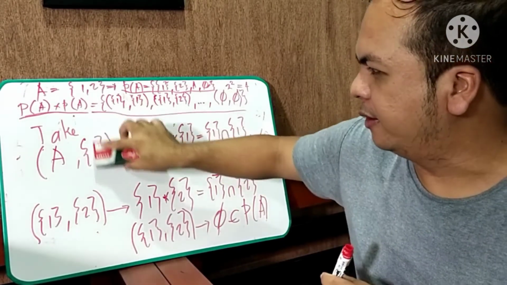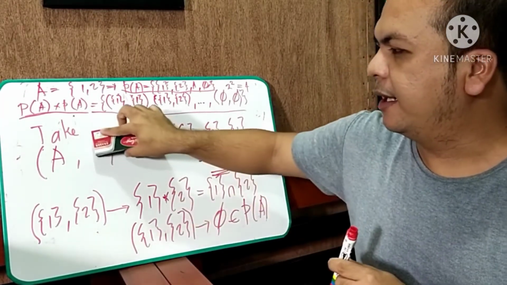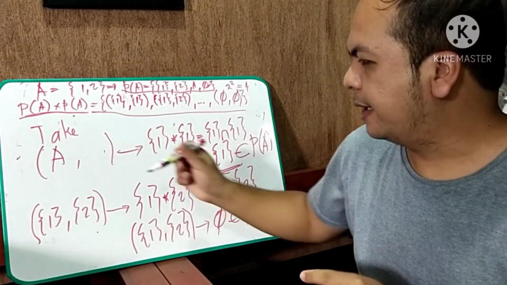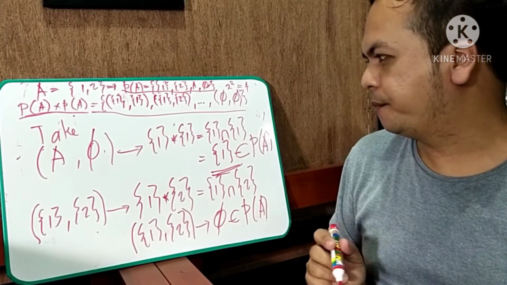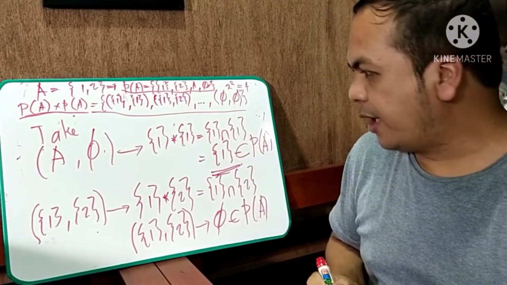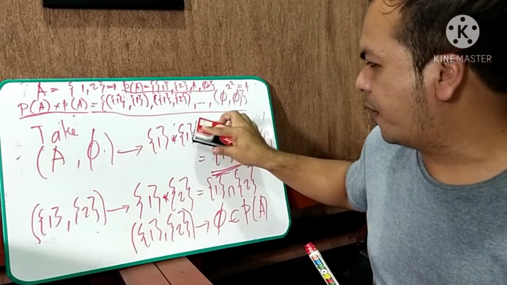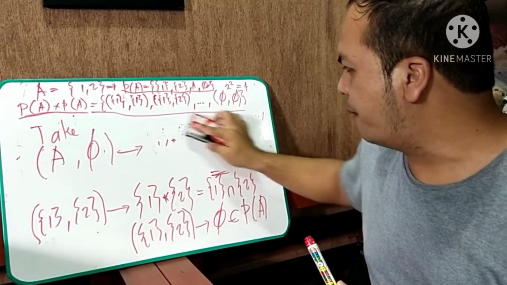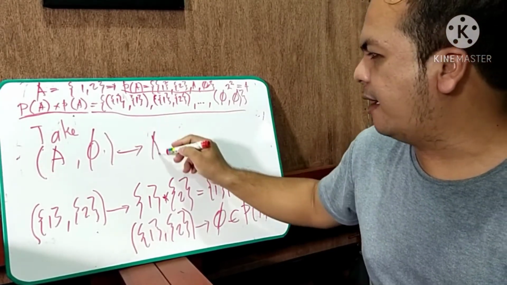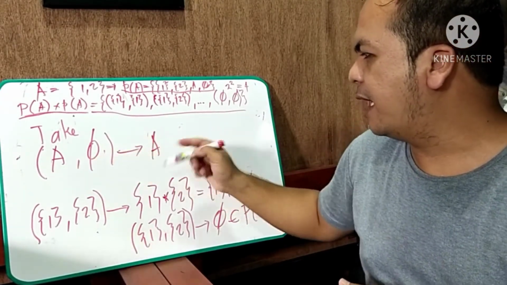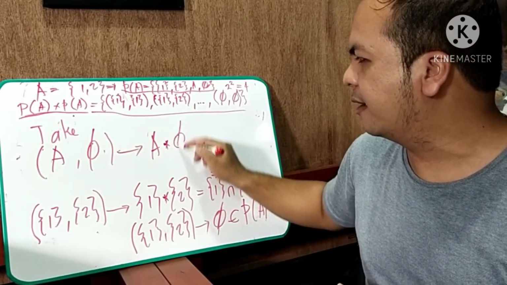Okay, for example, meron tayong ordered pair containing the set A itself and the empty set. So, ano ang kamapping nitong ordered pair na to? And of course, ang kamapping niya ay, let's take the star of the two elements. So we have A star empty.